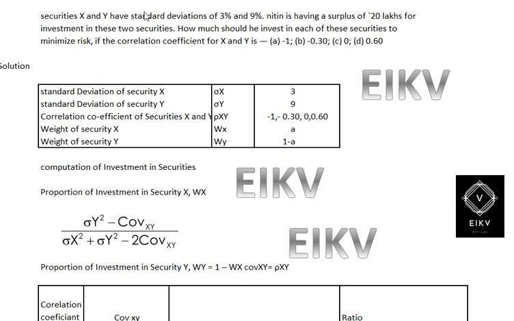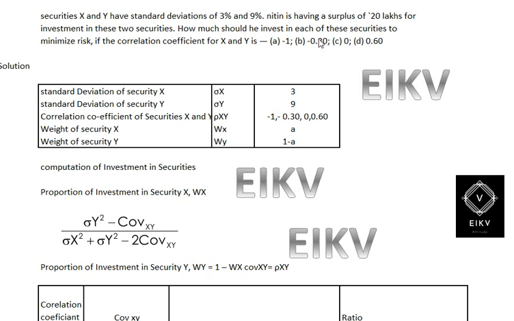Guys, over here we have securities X and Y. Nitin has 20 lakhs in his hand and he needs to invest this in X and Y in some proportion. The risk of X and Y is 3 and 9, and the correlation has been given.